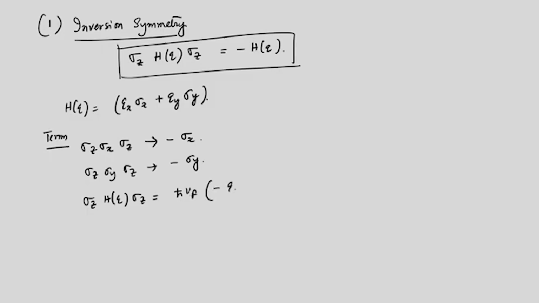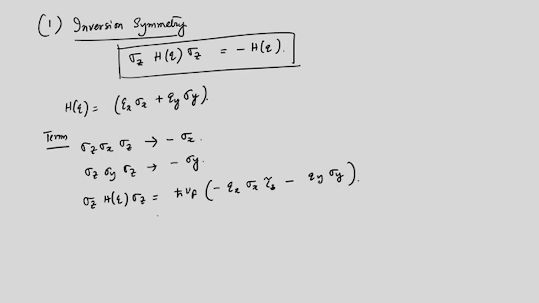This is equal to minus qx sigma x gamma z, which connects or rather denotes both k and k prime Hamiltonians, and then there is a qy sigma y. Okay.